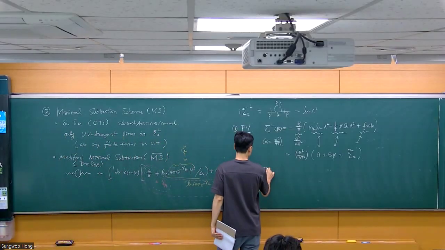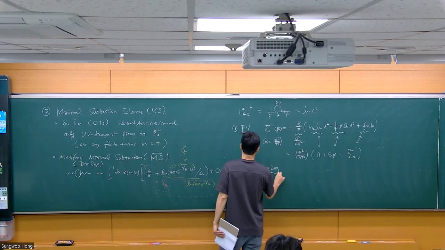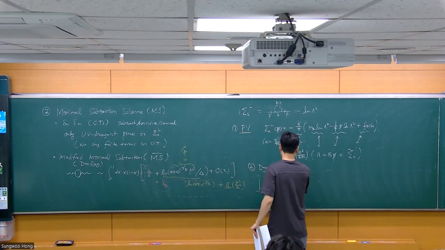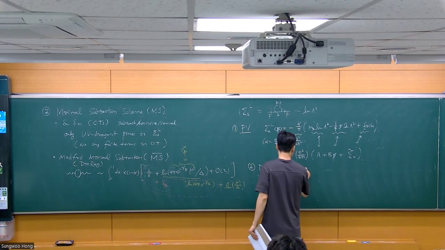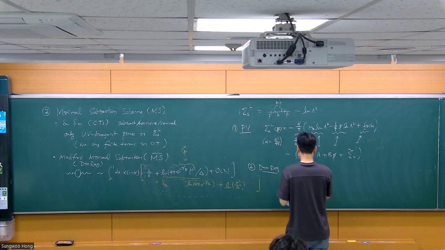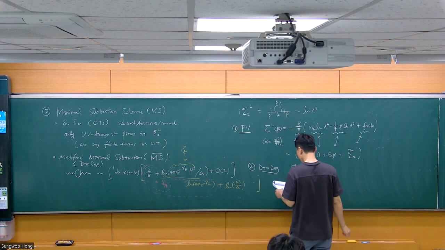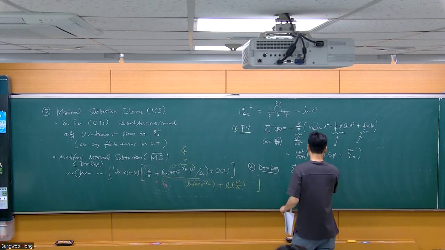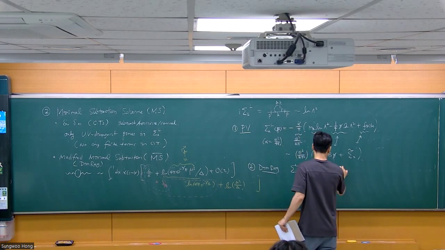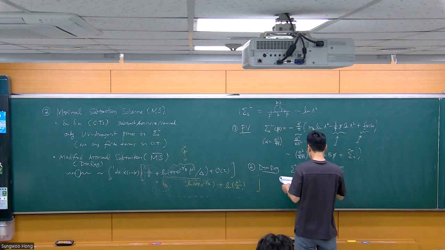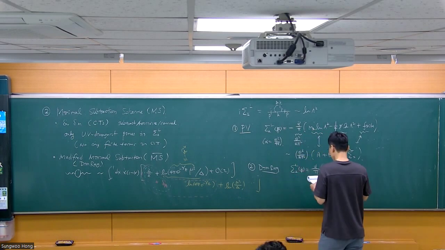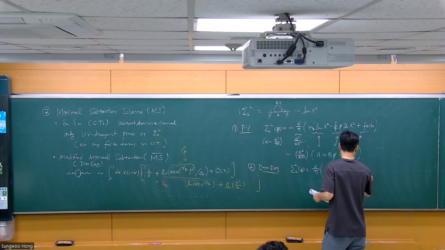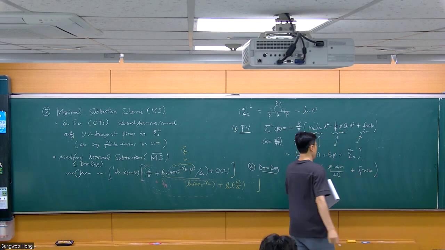So if you have done the calculation in dim reg, you should get Sigma 2 loop, which is alpha over pi, once again e squared over 16 pi squared, p-slash 4m, over 2 epsilon plus a finite piece. Same, okay?